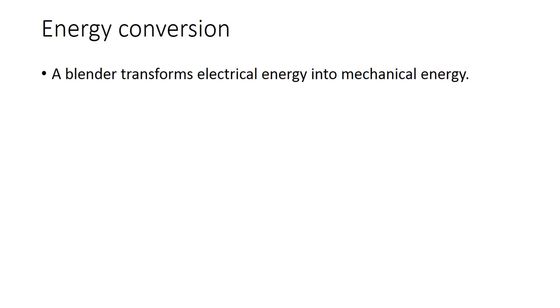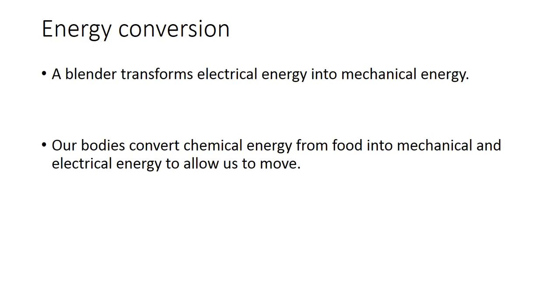Now, as I already talked about the changes that happen with potential energy, we talk about energy conversion. So if you have a blender, the blender will transform electrical energy into mechanical energy. So we use electricity to be able to crush something. The crushing of something is due to motion, which is mechanical energy.